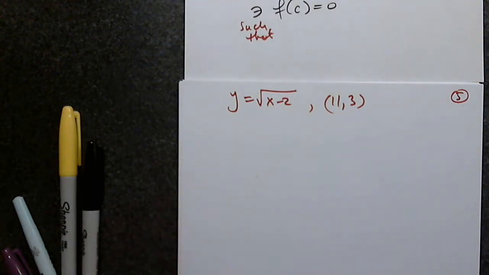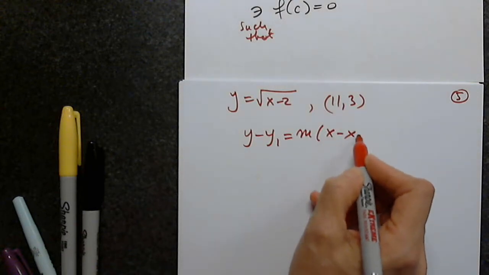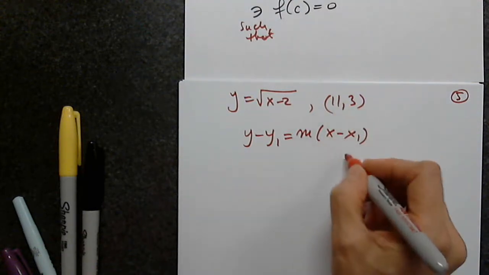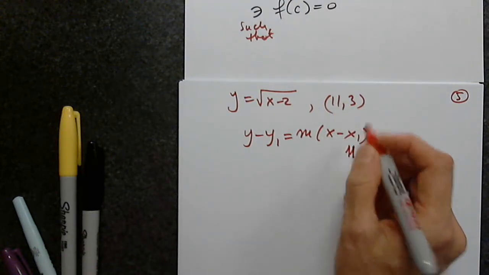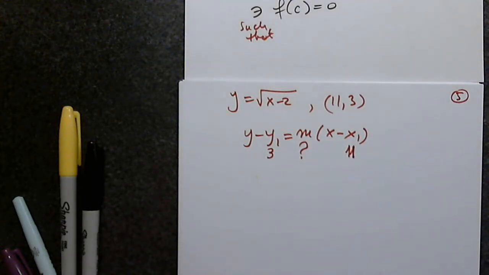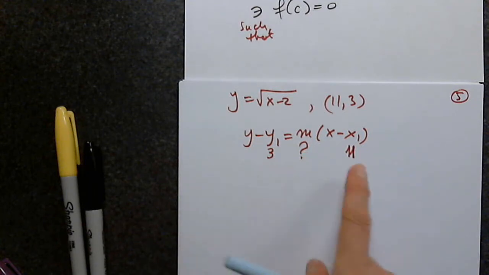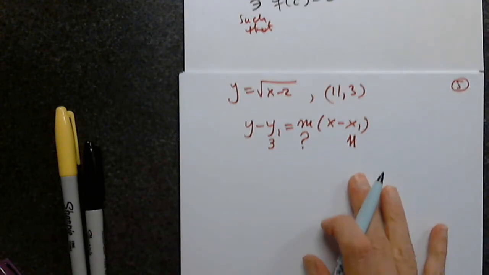And the equation of any line is y minus y1 equals the slope times x minus x1. Here is my x1, 11. Here's my y1. If there is a way of determining the slope, then I'm in business. That's all I need to do. But how will I determine that? And what does it represent, knowing that this is the equation of the tangent to the graph at that point? The prime, or the derivative.